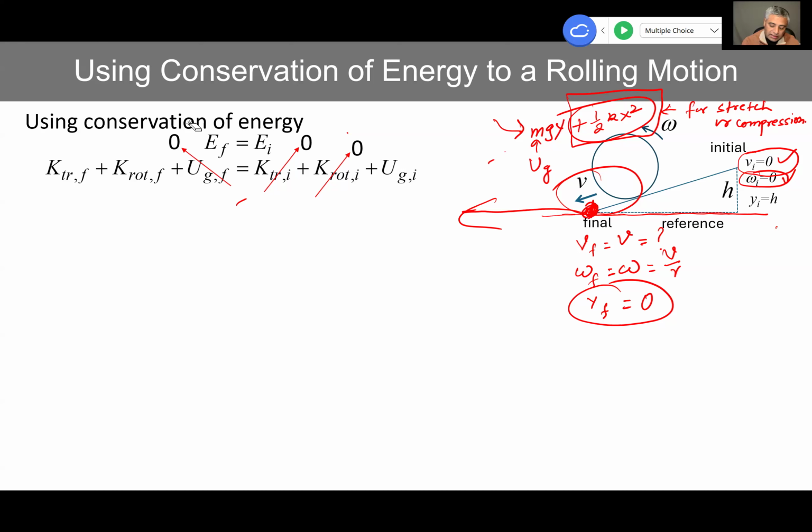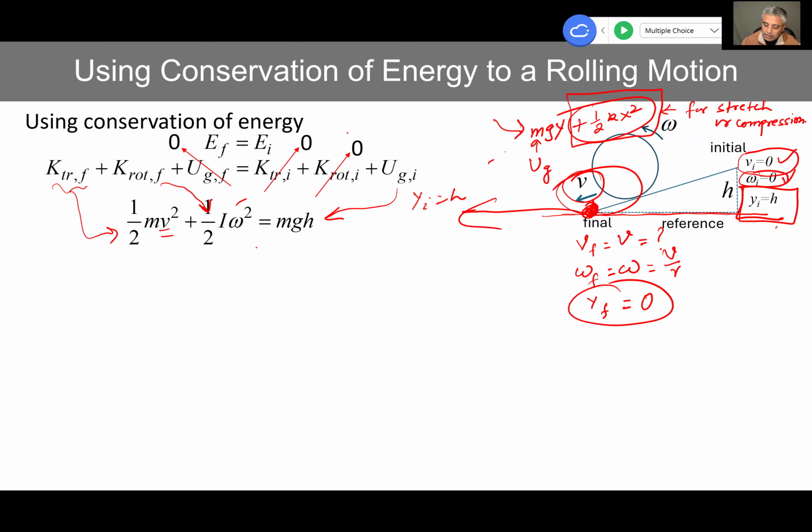Now with that, let's expand these three remaining terms. This one is that, this one is that, and this one is that. Y initial is h, remember, so that's what I'm writing. And I'm saying v final is just v, and omega final is just omega, because initial ones are not there, so I don't need to differentiate them.